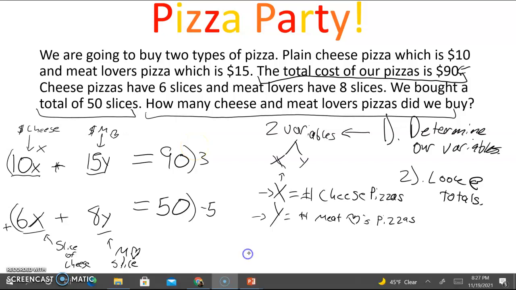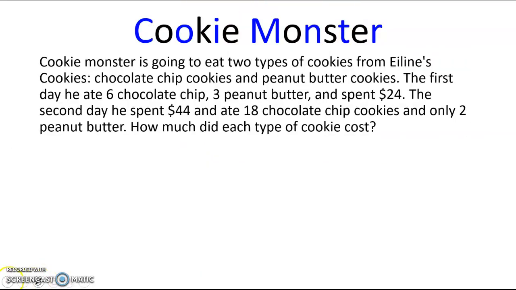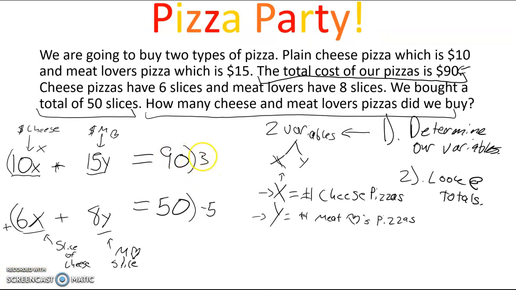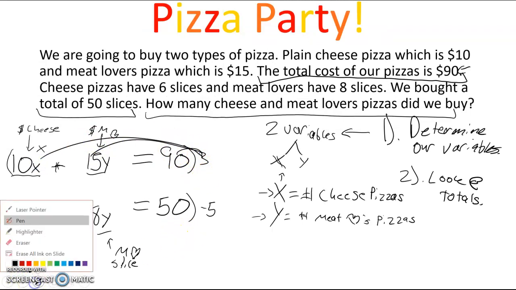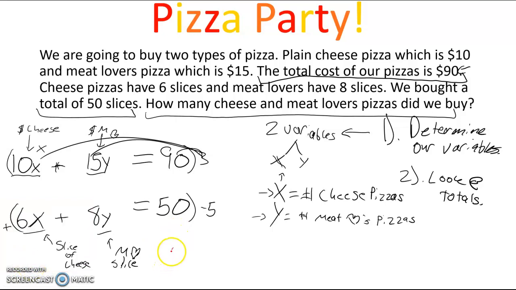So my new equation for this 3, when I distribute it out, is 30x plus, 3 times 15 gets me 45y is equal to 270.